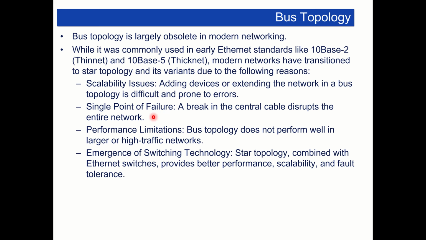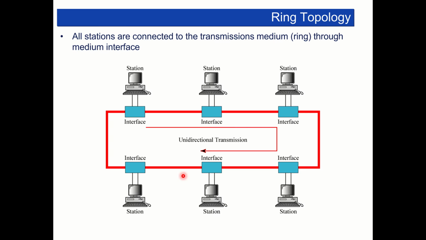There is also a single point of failure, where a break in the central cable disrupts the entire network. There is also a limitation in performance, because bus topology does not perform well in large or high traffic networks. And in LAN networking, with the emergence of switching technology, the star topology is widely adopted, and we also combine it with Ethernet switches, which provide better performance, scalability, and fault tolerance.